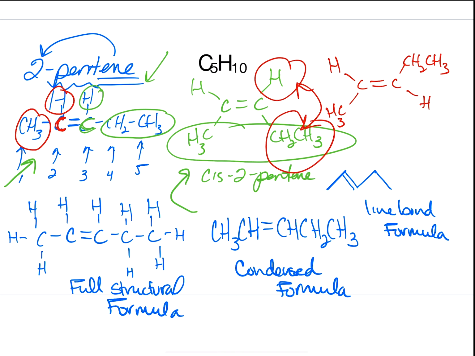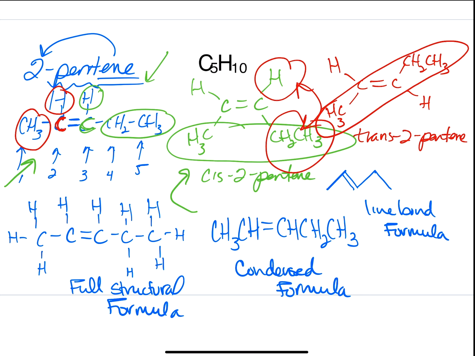What you would get is that, and you can see that your large groups are across the double bond, and so you're going to get trans-2-pentene. So cis-2-pentene and trans-2-pentene are two different molecules with different chemical and physical properties. So they are definitely different molecules.